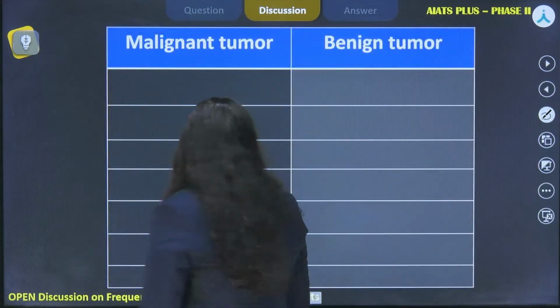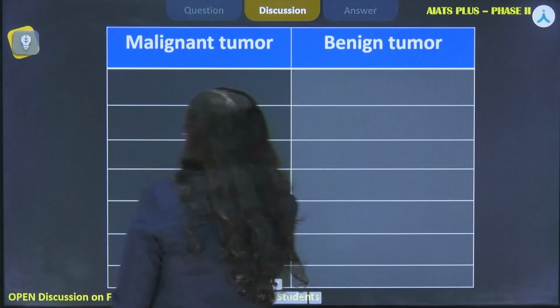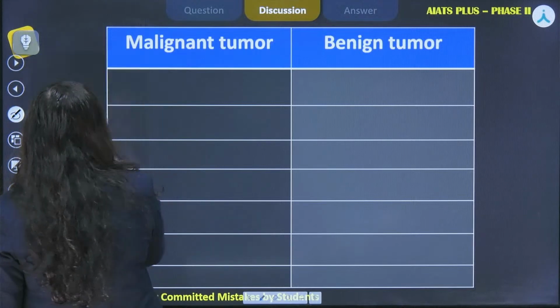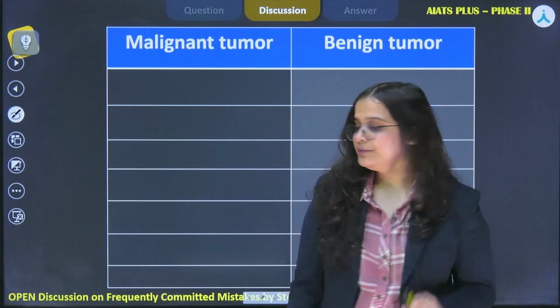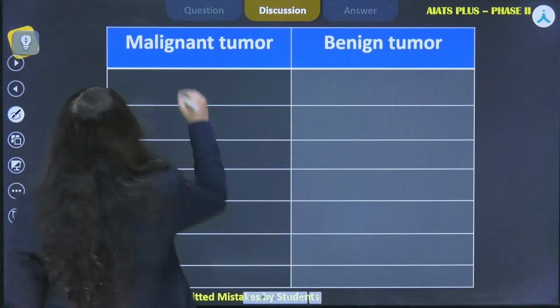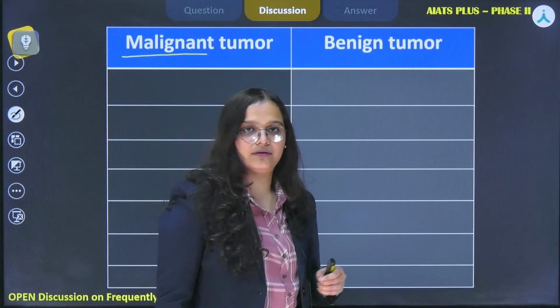Now coming back to the different types of tumors that we discussed earlier, the malignant and the benign tumor. Malignant, as the name suggests, is evil.